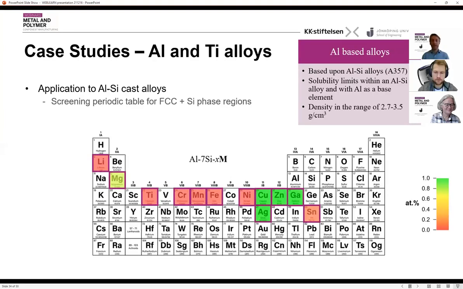Performing some high throughput screening on the solubility of these elements within an aluminium 7 silicon system, we found that our best solubility was coming from these 4 elements: copper, silver, zinc, gallium. Gallium we decided not to continue with because of the low melting point, but we also have solubility of up to about 0.7% magnesium. So what we decided to investigate was the combination of magnesium, silver, copper, and zinc.